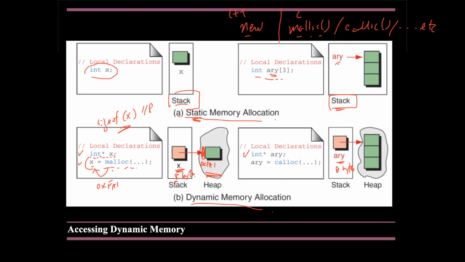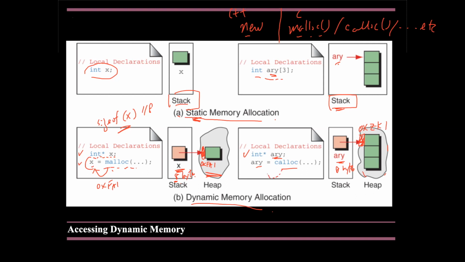Same thing with your pointer variable ARY, which uses calloc. We'll talk about calloc later on. Essentially, you're asking for some amount of information coming off of the heap, and this information has a memory address 0xZK1.